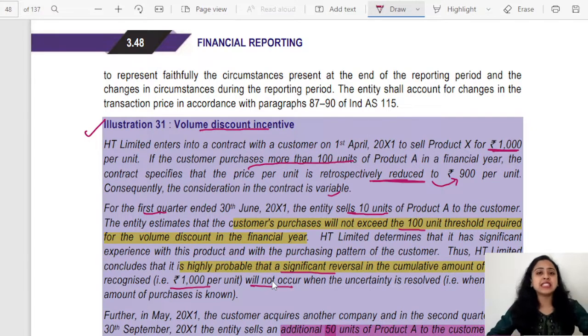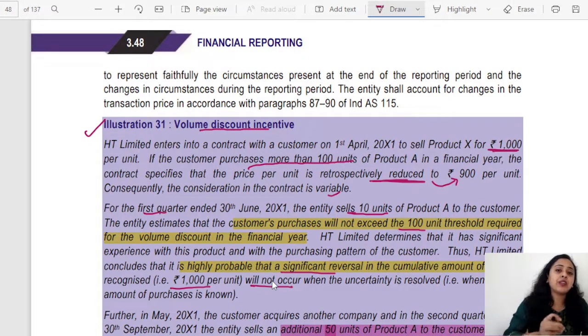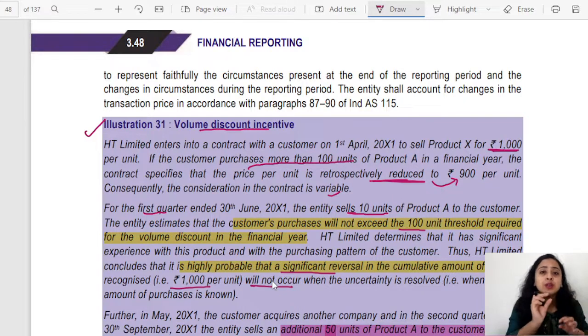This simply means that if you are recording any particular transaction in the books of accounts at a certain amount, there should be high chances that it will not be reversed. There are high chances that you will not be required to reverse this amount that you have recorded as revenue. If yes, then you can record that revenue.